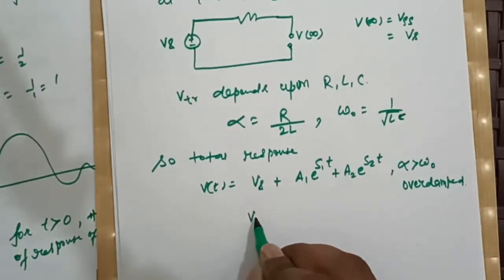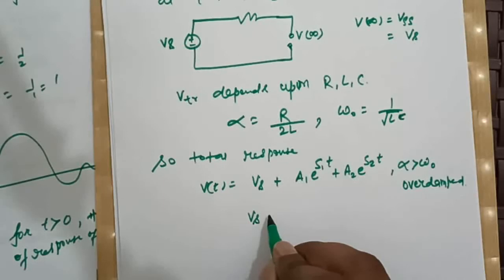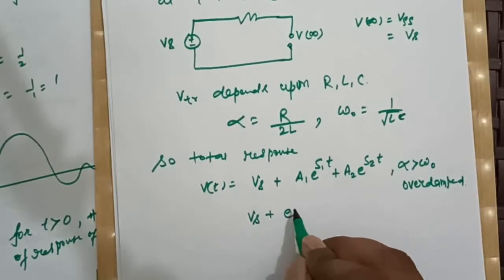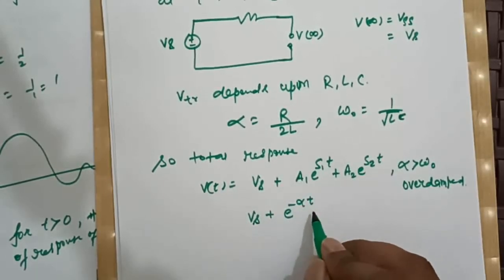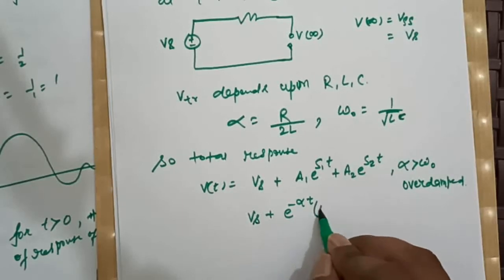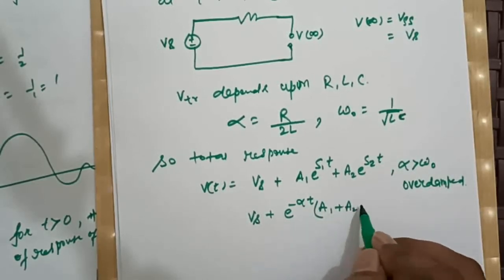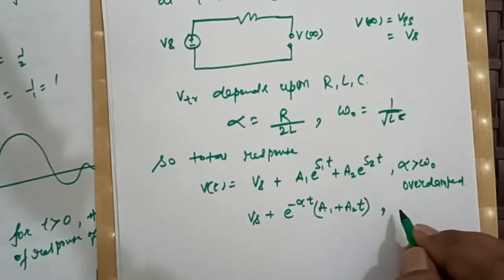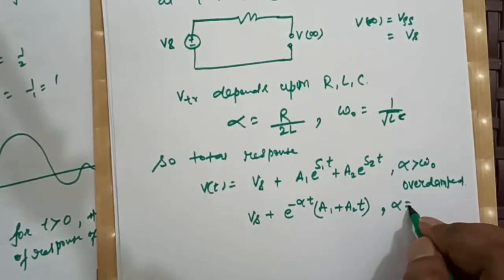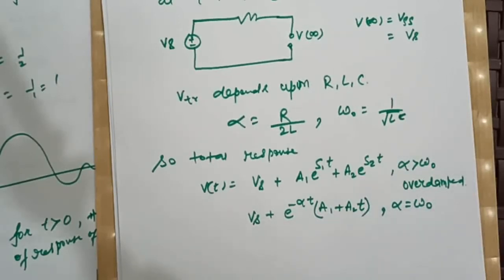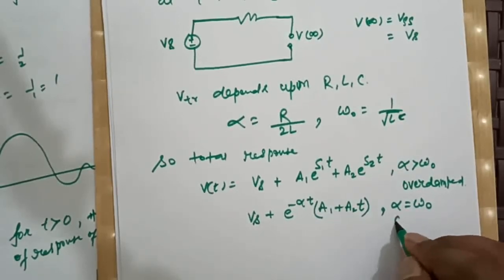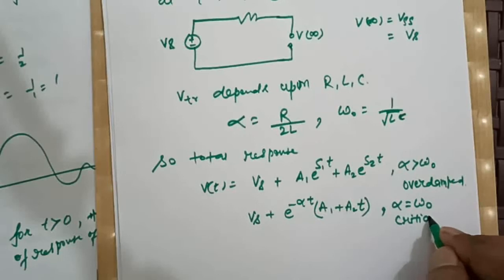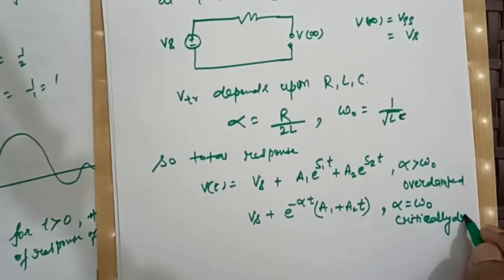Or the steady state part plus e to the power minus alpha t into (A1 plus A2t). This is when alpha is equal to omega naught, and this condition is for critically damped, right?